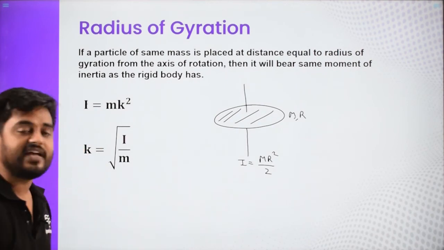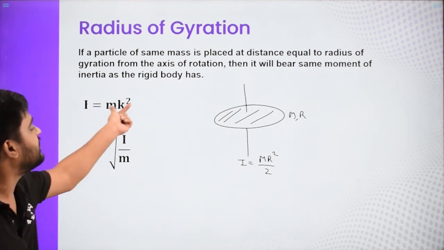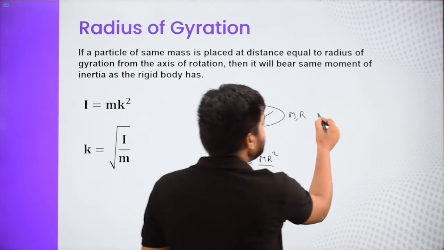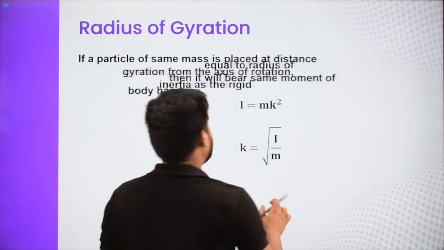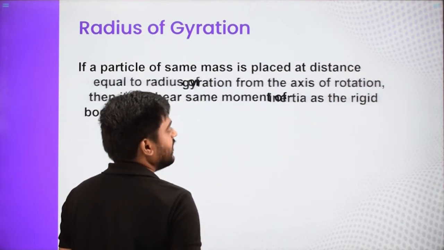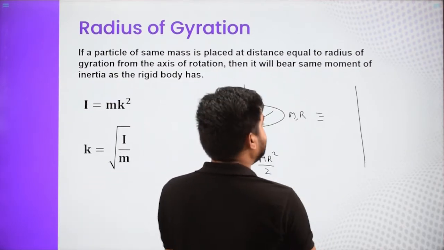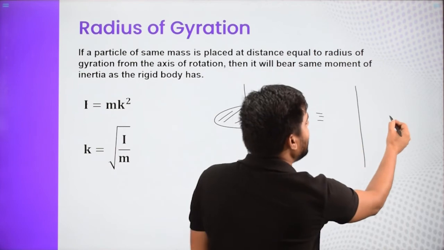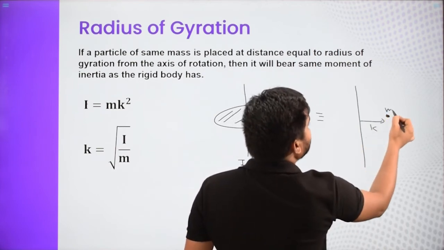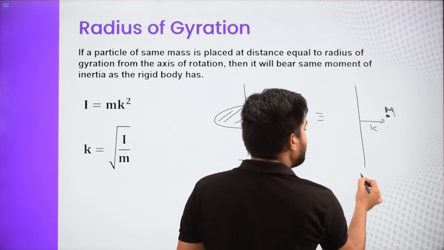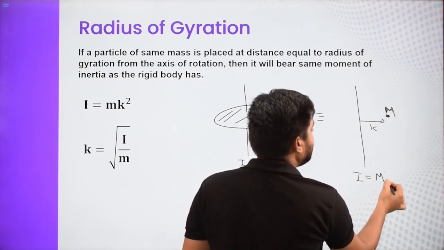To get it, you always have to use I equals MK square. That means for the same axis, if I take the entire mass and put it at some distance K, then the moment of inertia for the same mass M is going to be MK square.